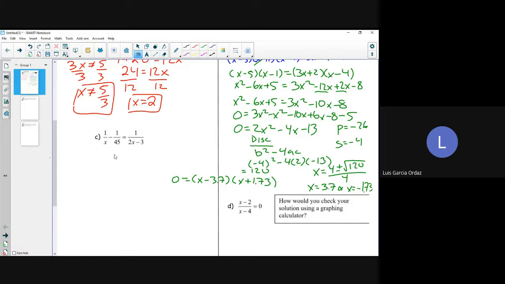Or you can write it as 0 is equal to x minus 4 plus root 120 over 4 times x minus 4 minus root 120 over 4.